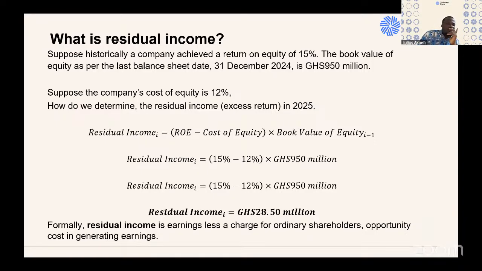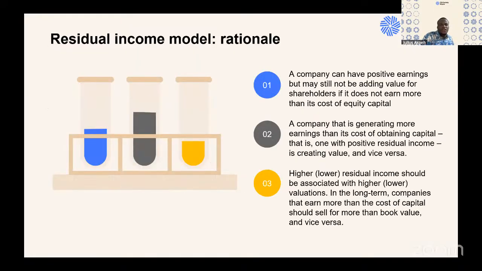Then we say value is created. Because if the return that the company generates is, let's say, equal to what the shareholders expect, then no additional value is created. You are giving to shareholders what they expect. Right? Good. So that's the first point.